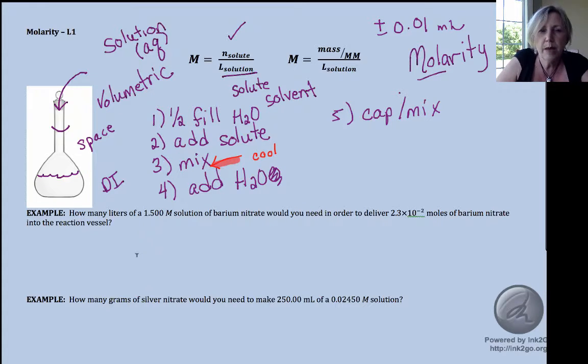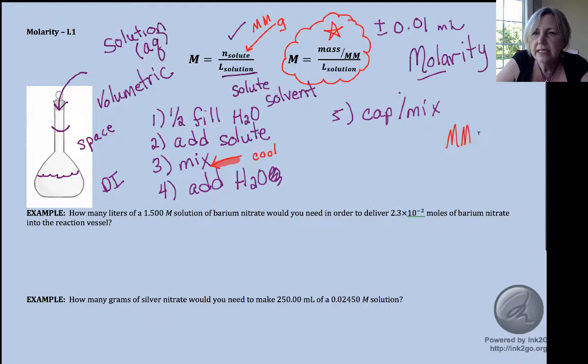So now let's do a couple of calculations. You may want to go from molar mass to moles and do these as a two-step problem. Or this formula combines the molarity formula and molar mass equal to mass over moles. So that formula combines those two formulas.